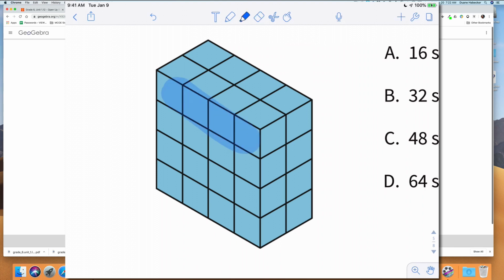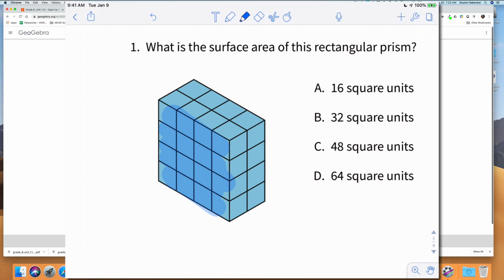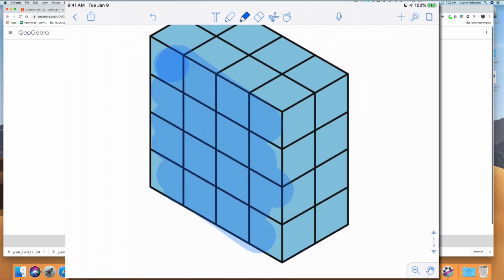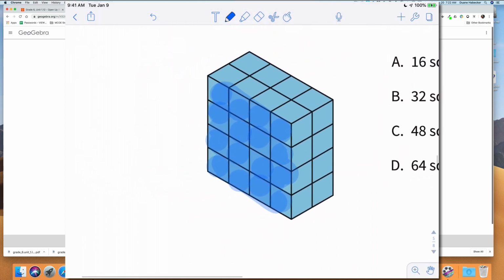And I will do it in blue. So that front face, what is the surface area? So that's 1, 2, 3, 4, 5, 6, 7, 8, 9, 10, 11, 12, 13, 14, 15, 16. So that front has an area of 16 units.